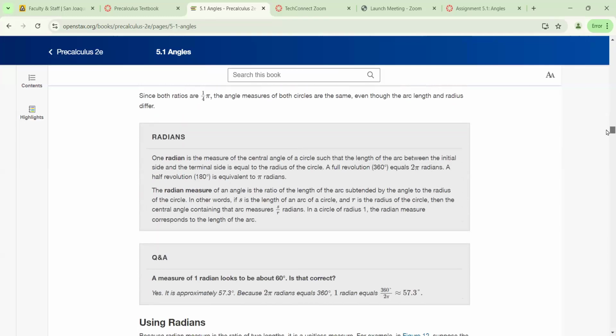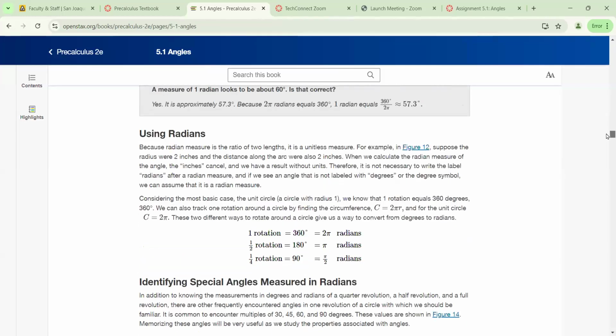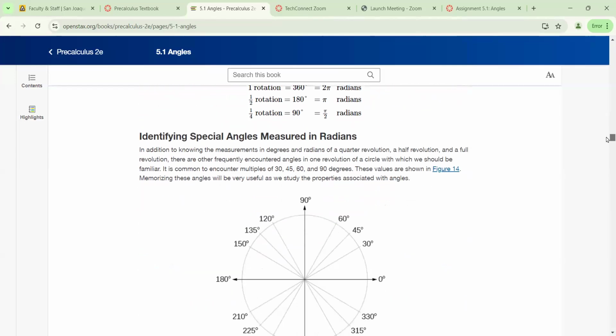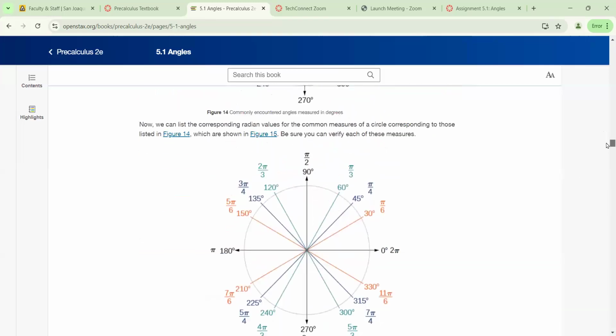A couple more things that I wanted to bring to your mind. We're going to be using radians, degrees, conversions, and this is called the unit circle, which I will introduce in the next section as well. These are all the major angles marked in the first quadrant: 30, 45, 60, 120, 135, 150, 210, 225, 240, 270, and so on, going up to 360.